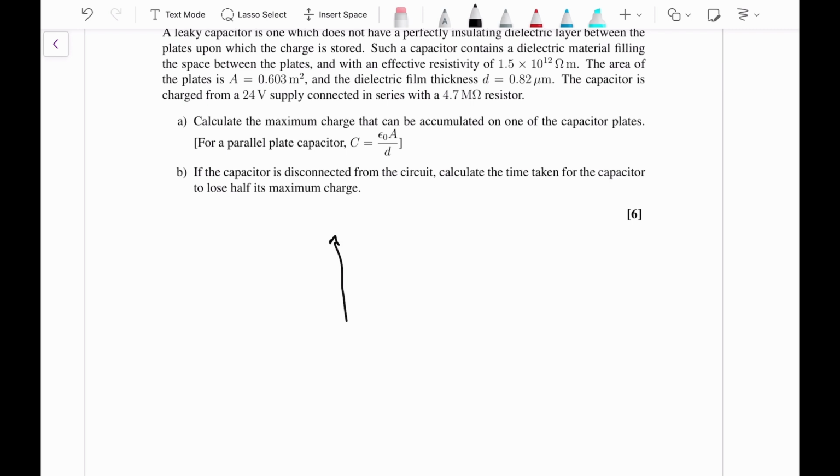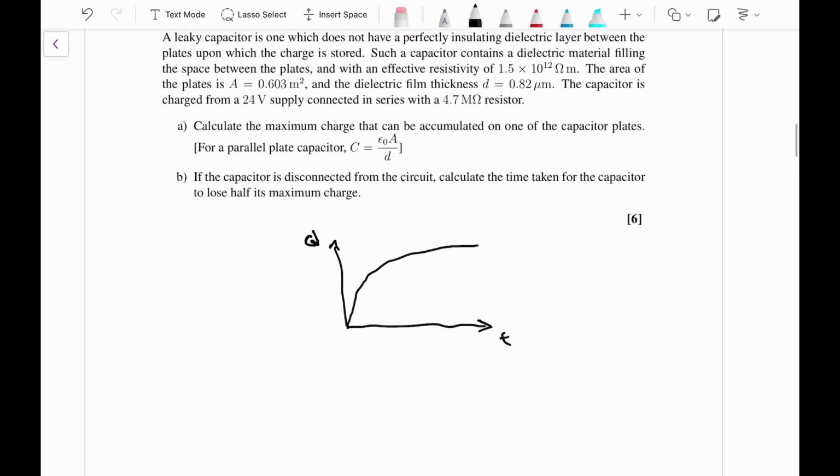When a capacitor is connected to the battery, the charge stored in the capacitor will increase through time, because the battery will continue to supply current until the voltage of the capacitor is equal to the voltage of the battery, and that is when the system reaches an equilibrium. So my idea is that it is when the capacitor has a maximum voltage, essentially when the voltage of the capacitor is equal to 24 V.